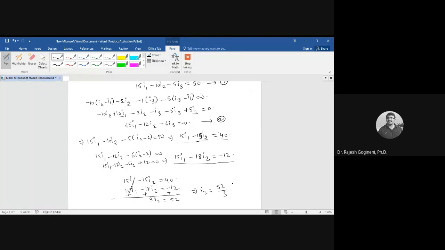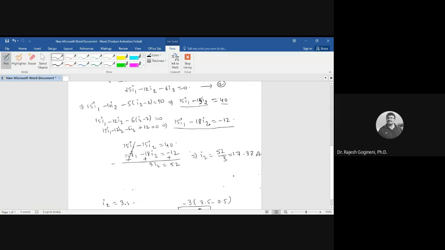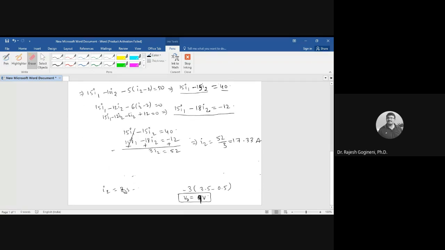Is it right? I2 is 17.33 amperes. Right? Did you get the same answer? After simplification, I2 is 17.33 amperes.